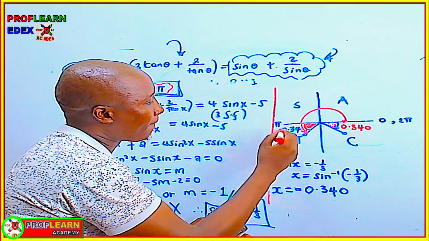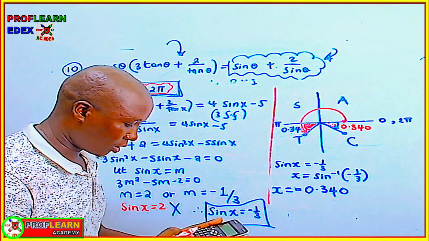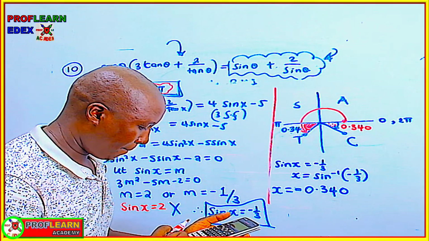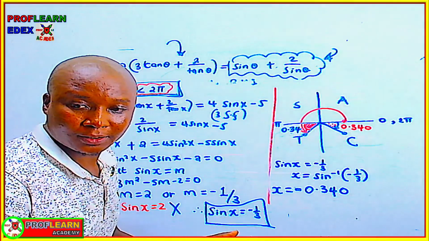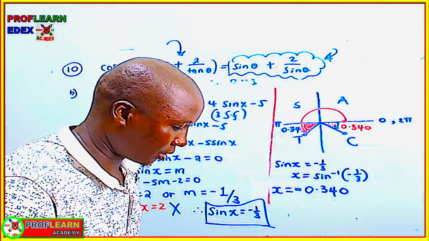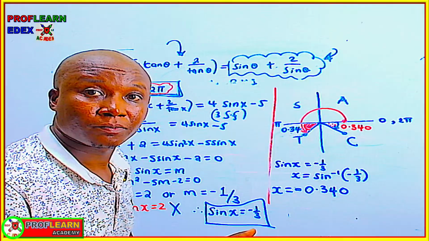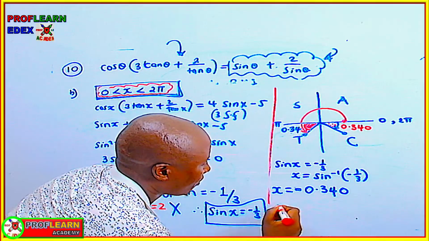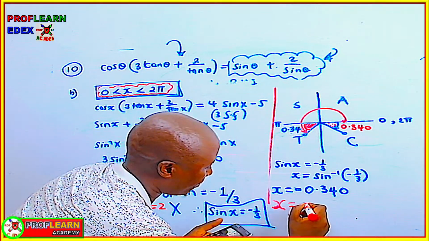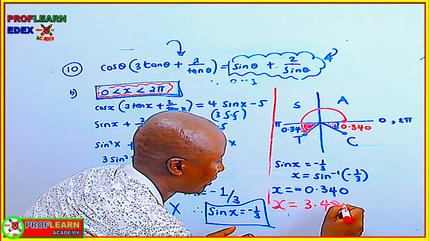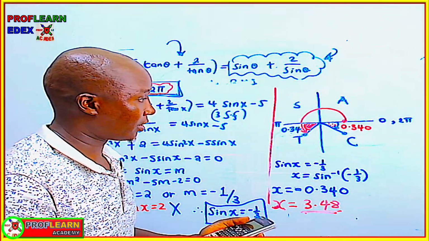So that's going to be pi plus 0.340. If you add those two angles, you are going to get 3.48. So our first angle x is going to be 3.48 radians.